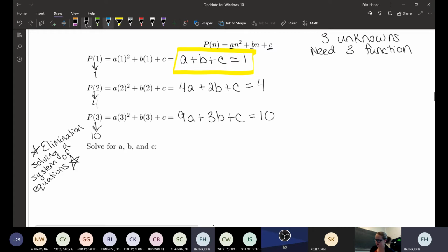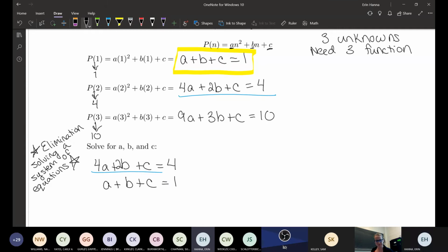Let me take this second equation. Let me just try to use colors to make sure we really see what I'm doing here. Now again, we have this really nice function, this a plus b plus c equals 1. That's going to make our life a lot easier.